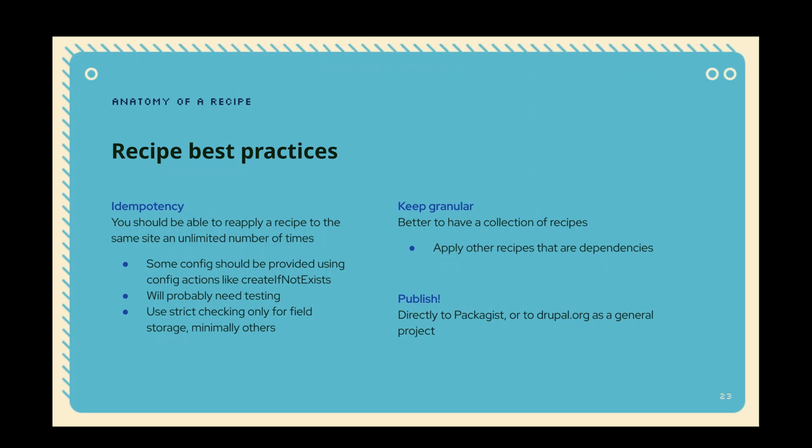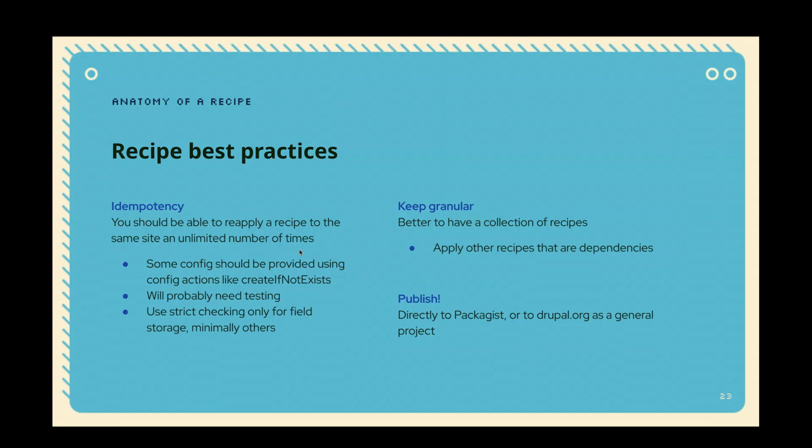There are some best practices around creating recipes. One of them is called idempotency, which a year ago was a word I had literally never heard. Idempotency is the idea that you can apply a recipe to your site again and again, and you shouldn't have errors. To implement that, a lot of times you need to be mindful of how you construct the recipe.